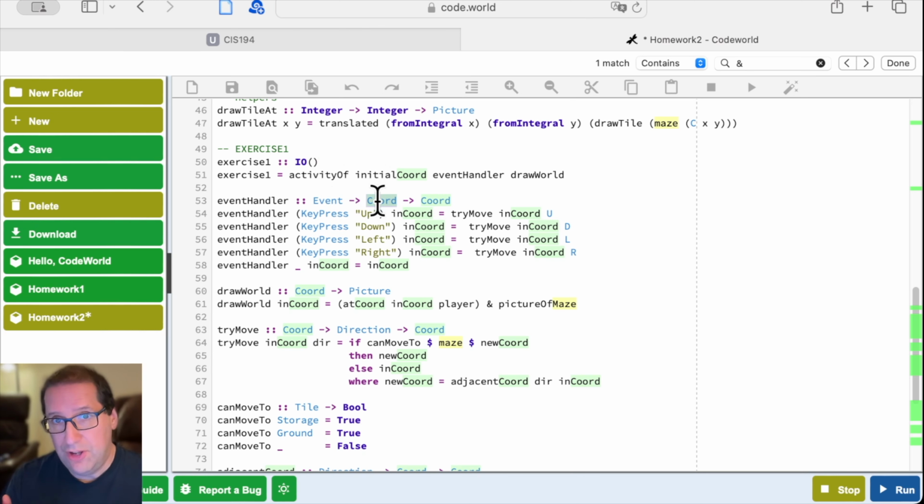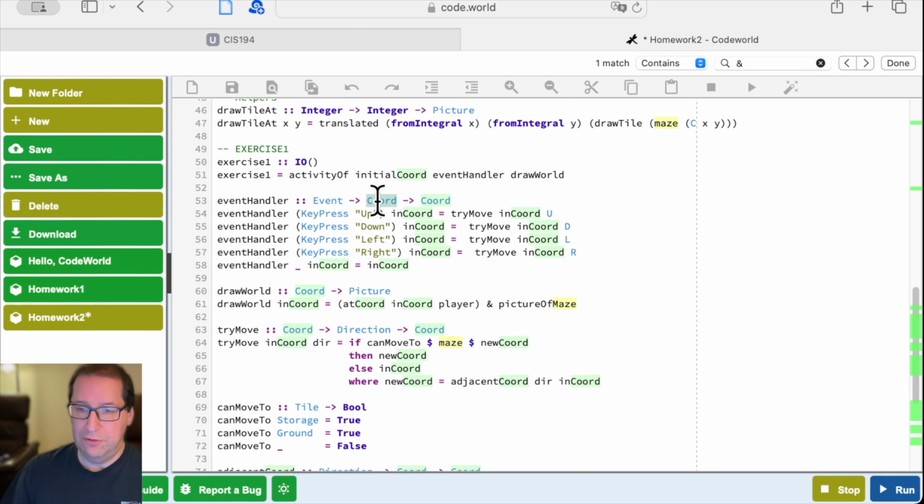So our world state for Exercise 1, the only thing we know is this coordinate value. But now for Exercise 2, we want to know not just what coordinate the player is at, but what coordinate the player is at and where they are facing. Essentially, what was the last move is one way to think of it, although it's not strictly true.